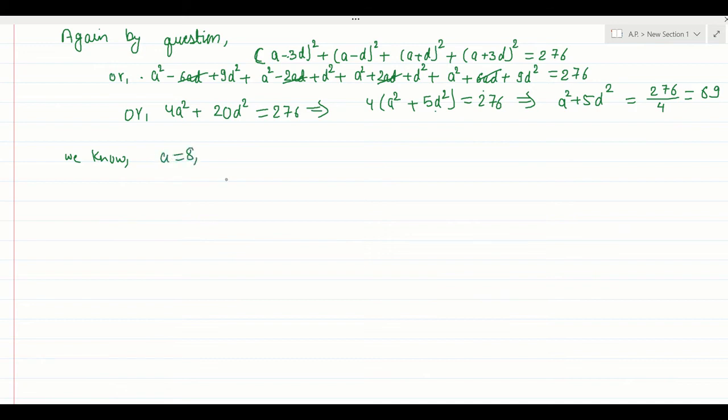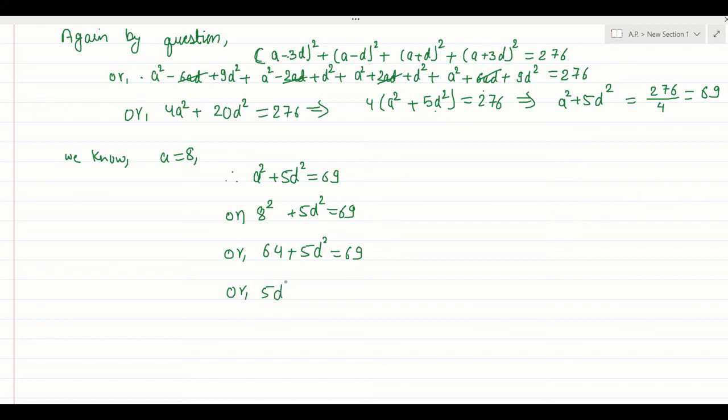So therefore, a squared plus 5d squared equal to 69 will become 8 squared plus 5d squared is equal to 69, or 64 plus 5d squared is equal to 69, or 5d squared equal to 5, or d squared equal to 1. Therefore, d is equal to plus minus 1.